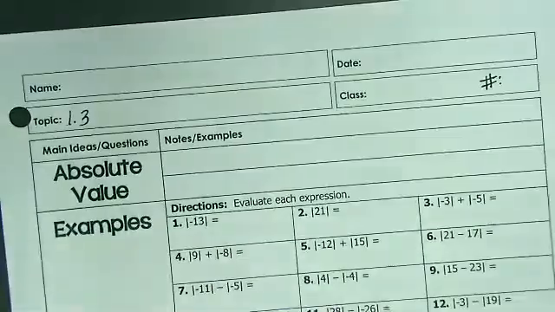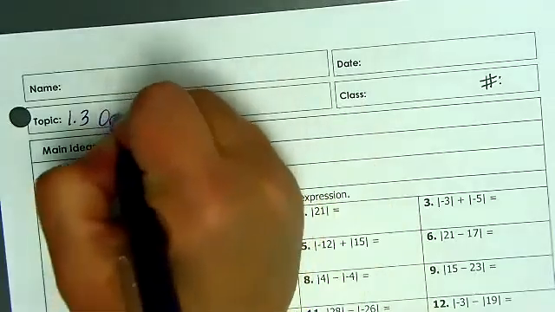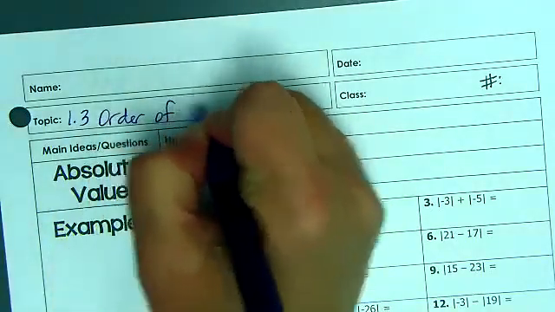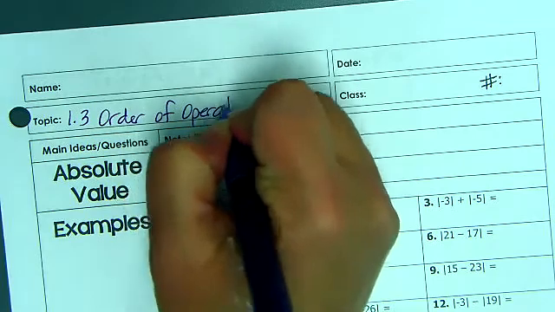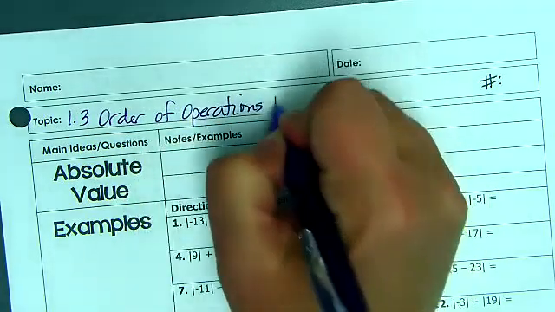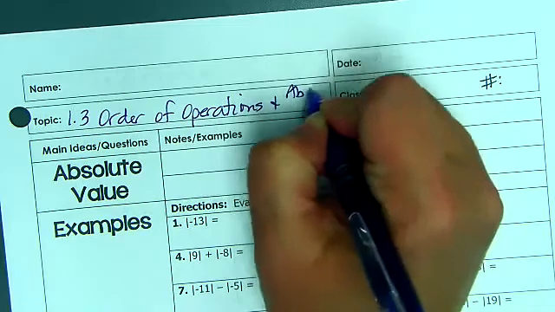Okay, this is 1-3, order of operations and absolute value.